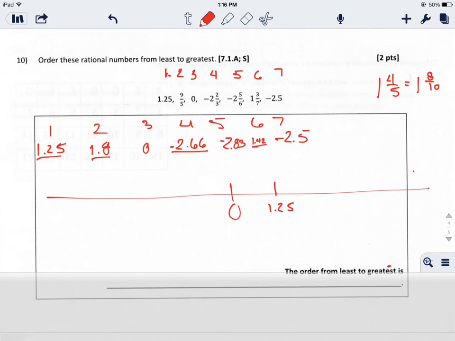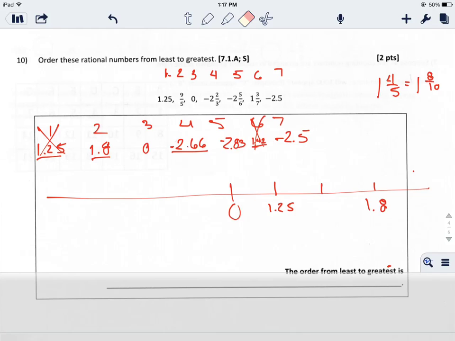And I'm going to cross that out. And then there's a 1.42, 1 and 42 hundredths. I'm going to cross that out. And then we have 1 and 8 tenths. Now, I made a mistake here. I should make sure that I write these in their original form. So that 1.42, that was number 6, right?